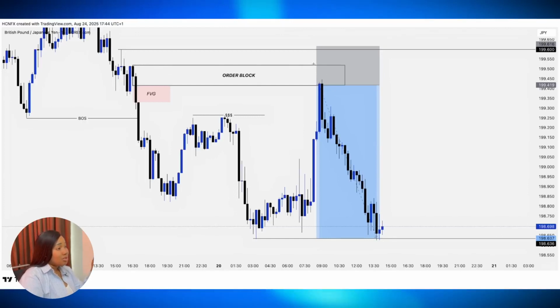Some people may try to refine, tighten their stop loss, but this is how I place my own stop loss, so that I will give the market some breathing space to dish out good moves, because I wouldn't want price to tap me out and then dish out the movement when I'm trying to tighten my stop loss. So this is how you wait for it.